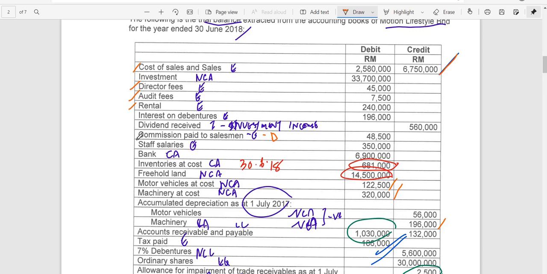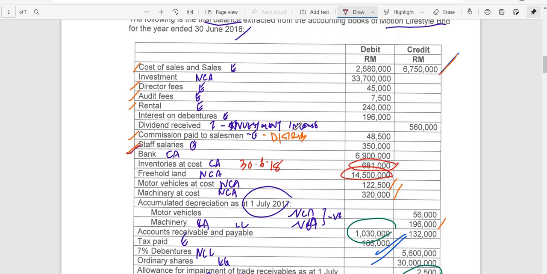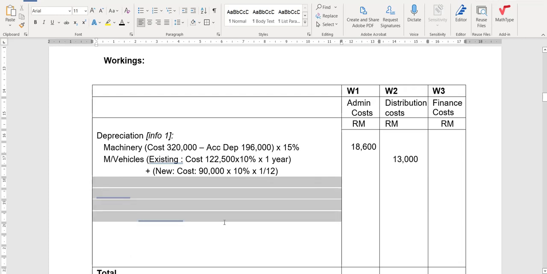We are also going to take the staff salaries, but remember this is different, this is distribution, and these will all be under your admin. Let's put that here.